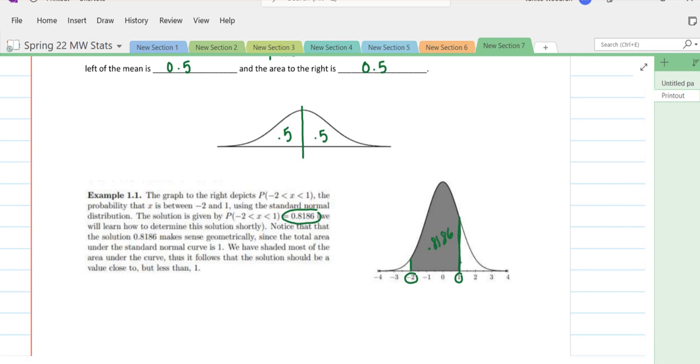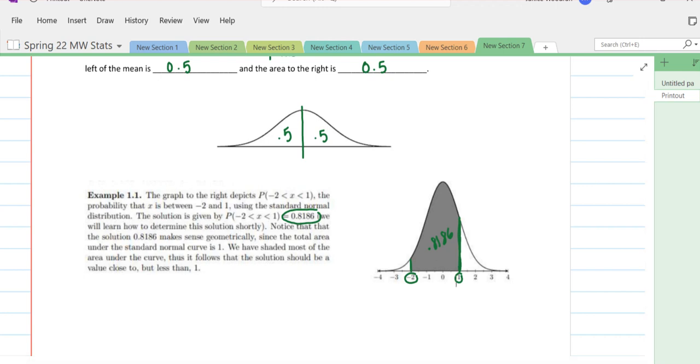Since the total area under the curve is 1 and we shaded most of the area under the curve, it follows that the solution should be a value close to but less than 1. So in a lot of these problems, you're going to want to draw out a curve and see if your answers make sense as far as how much you've shaded.